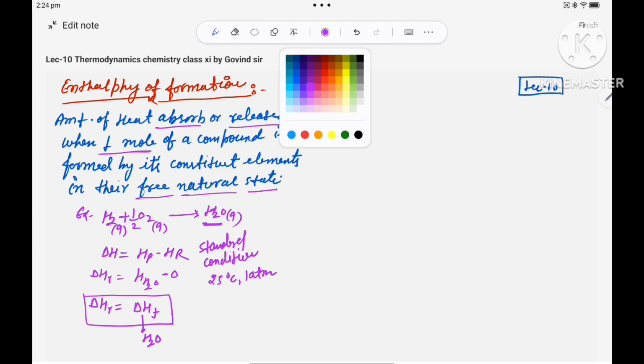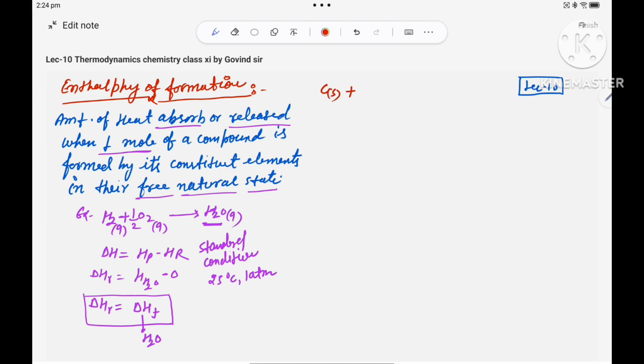Second example you can take, carbon and oxygen forming CO2. So what is the enthalpy of reaction, children? Enthalpy of product minus enthalpy of reactant. That enthalpy of reaction will be the standard enthalpy of formation.